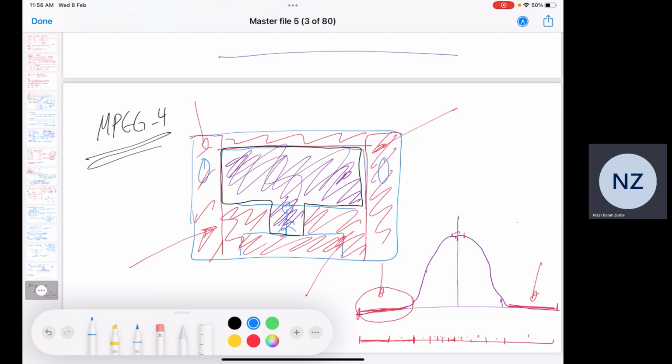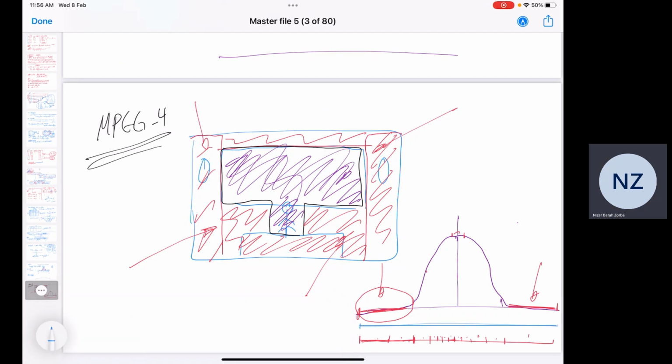Fantastic. If I do it here with this other one, the uniform one in blue, I will also use exactly the same amount of bits.